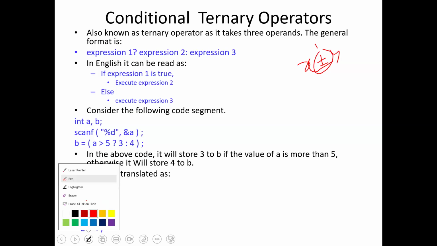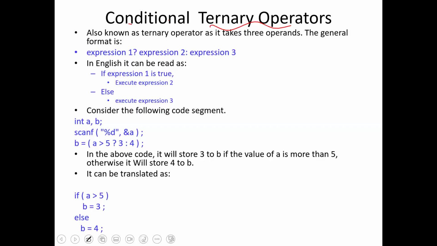Now, there is something called the ternary operator, the conditional ternary operator. The operator is actually what? Colon. How does it work? It has 3 parts. You have an expression here, let's say E1. Then what symbol? Then another expression E2. Then colon, another expression E3.